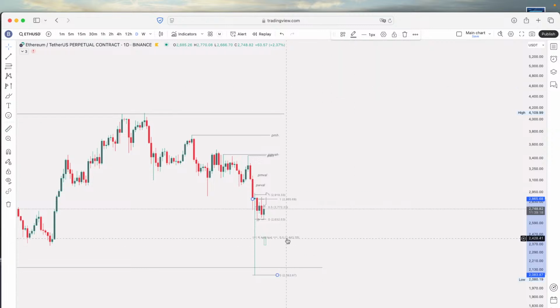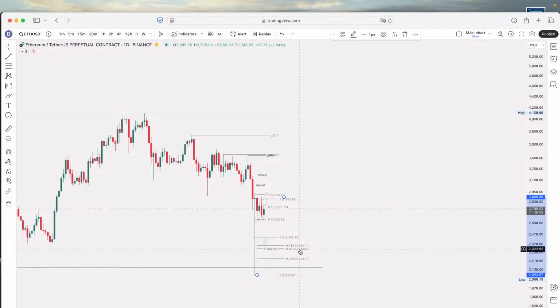You can see this level is also our golden retracement level. So I won't be looking to long Ethereum if it drops below this level before the price reaches this area.